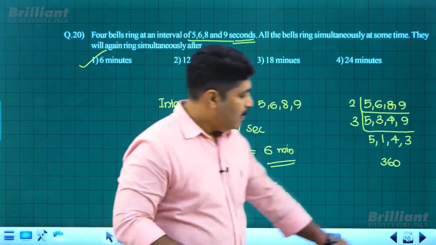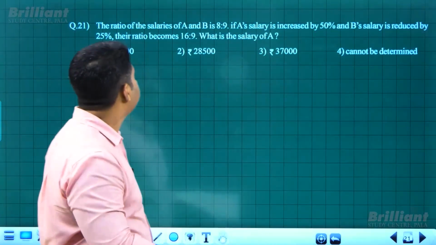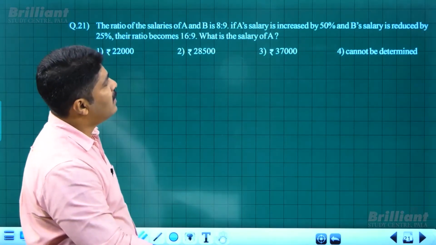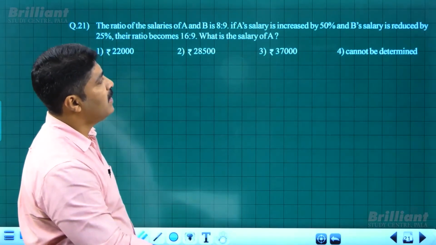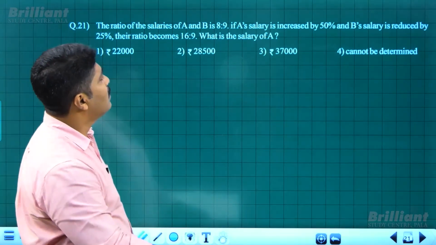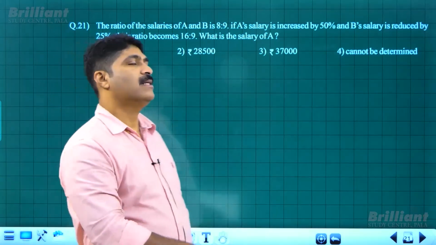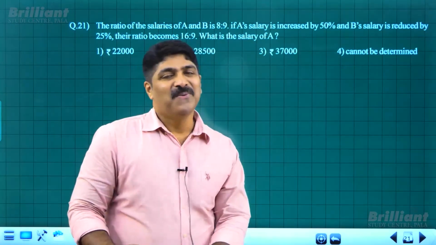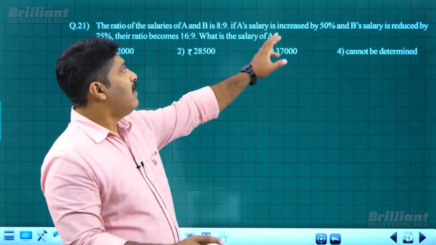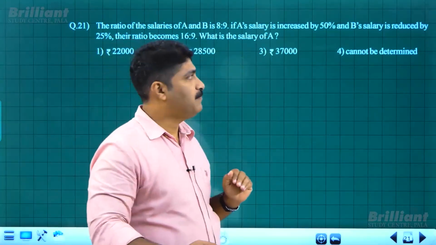Clear? Then the next question. The ratio of the salaries of A and B is 8:9. If A's salary is increased by 50% and B's salary is reduced by 25%, the ratio becomes 16:9. What is the salary of A? What will happen in such a type of question? Here we have only comparative values.